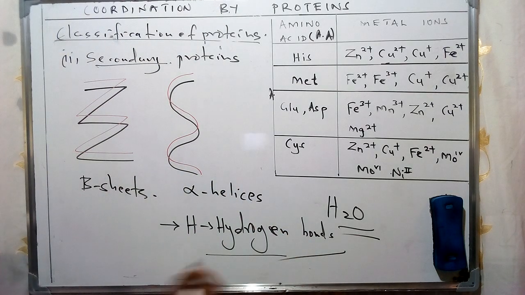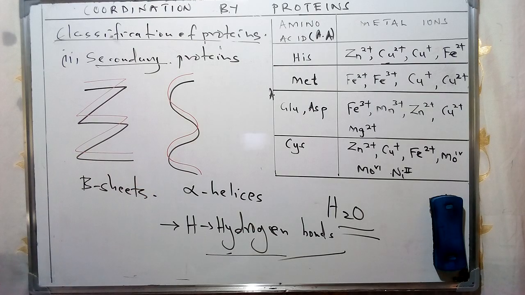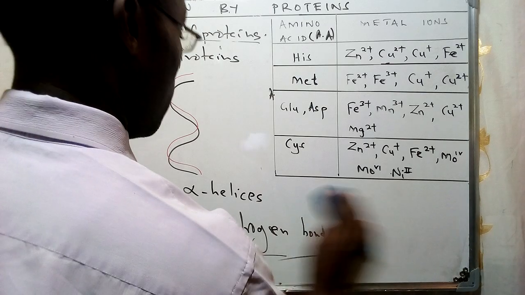That is one of the applications we mentioned. In a sense, we see that these peptide chains are held in shape by hydrogen bonds, as we mentioned in our previous videos. And this forms the second classification of proteins.